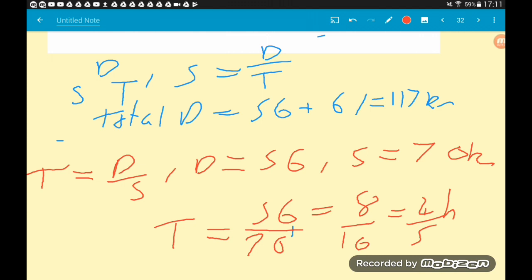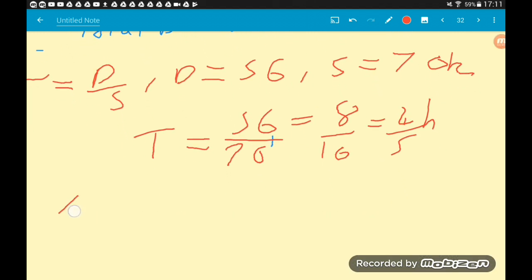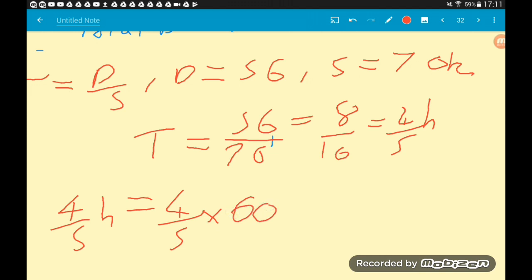So what we then need to do with that is turn that into minutes. So 4/5 of an hour is 4/5 times 60 minutes. So 1/5 of 60 is 12, times that by 4 is 48 minutes. So that's how long, in minutes, the first part of his journey took him.